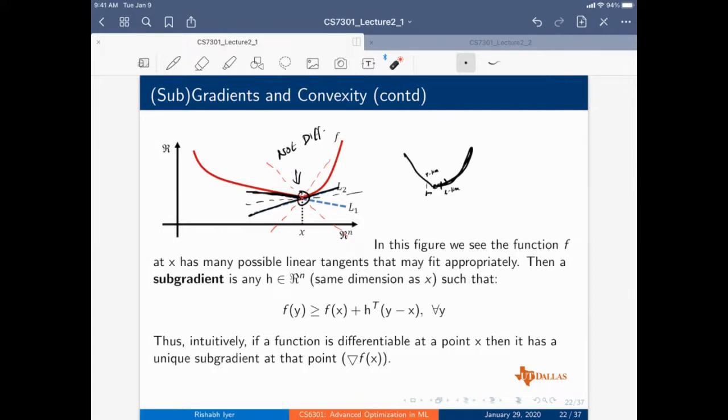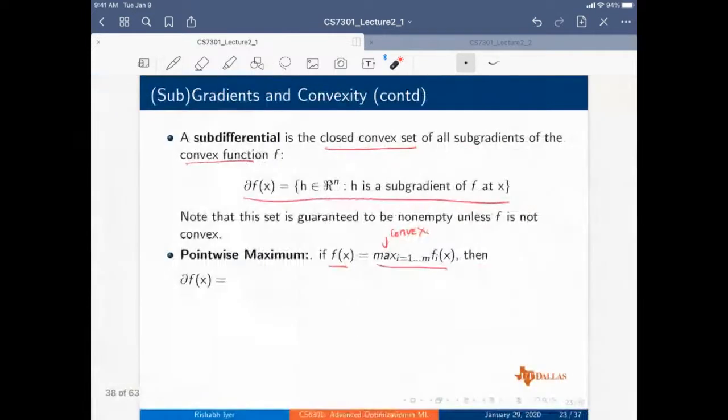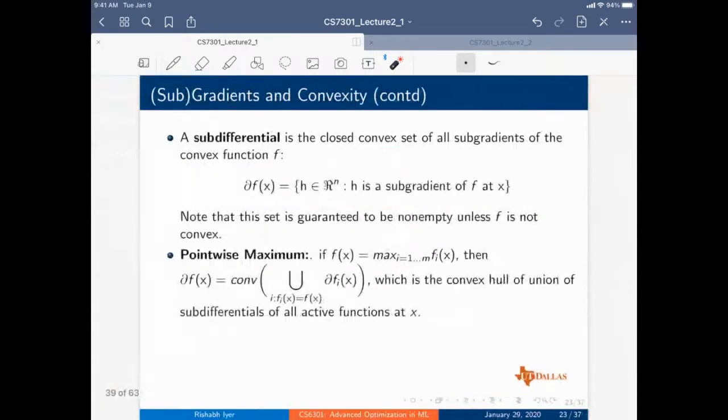So what happens is at the point where these two functions meet, the slopes may not align. That's the reason why this function is not differentiable. It could be possible, by the way, that the slopes are exactly identical magically, and in that case it could be differentiable. But in general, the slopes may not align when you take this max. So that's the reason why in general this max function may not be differentiable.